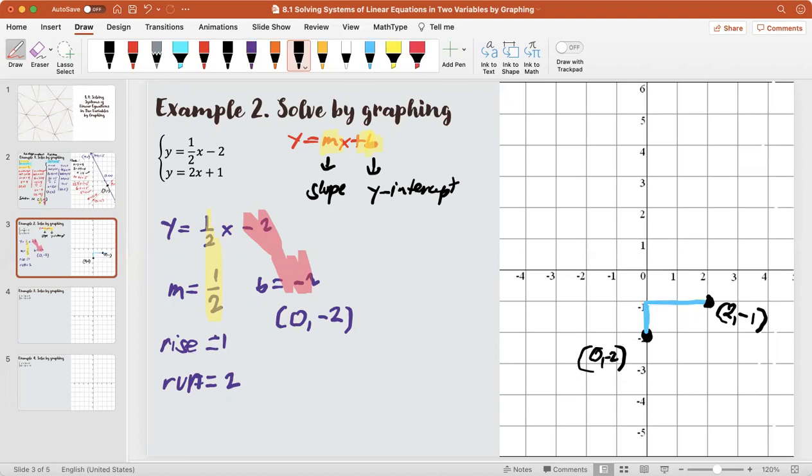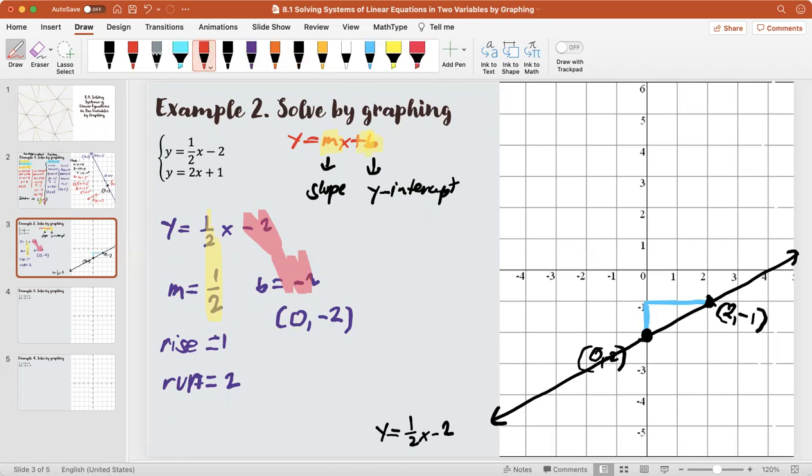And then we connect these 2 points. So connecting these 2 points, you have that line, the graph of y equals 1/2 x minus 2.